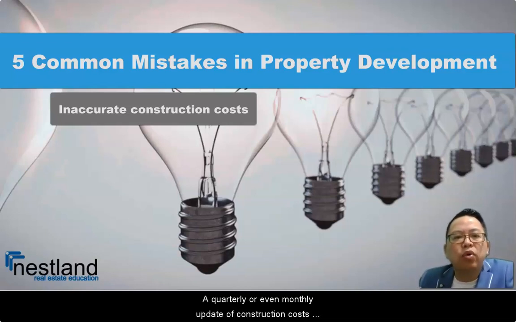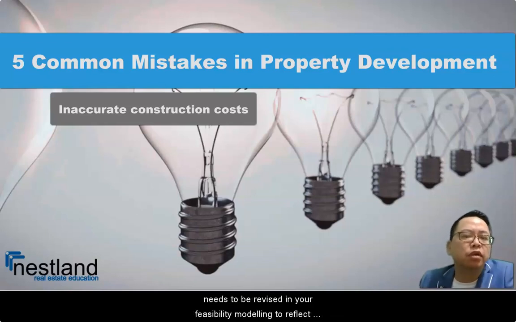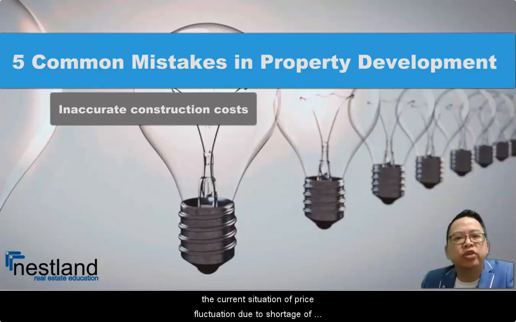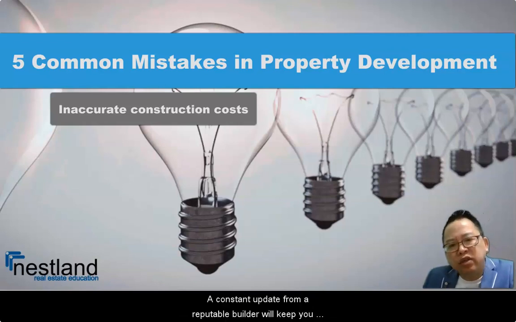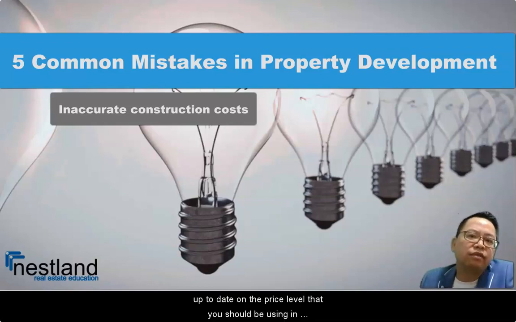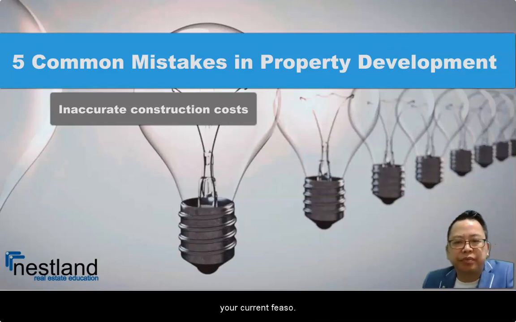A quarterly or even monthly update of construction costs needs to be revised in your feasibility modeling to reflect the current situation of price fluctuation due to shortage of timber, steel, and global supply chain impact. A constant update from a reputable builder will keep you up to date on the price level that you should be using in your current feaso.